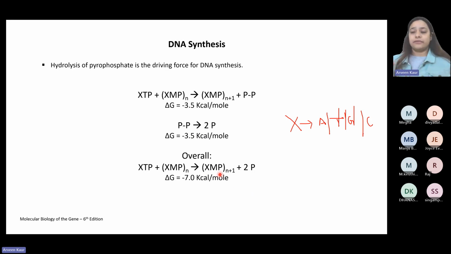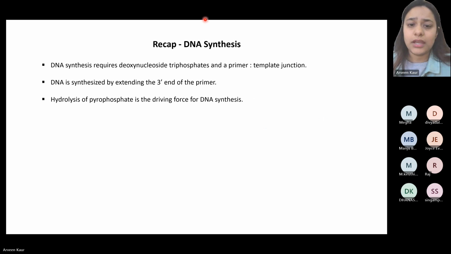That is a lot of free energy, and it is the driving force for DNA synthesis, right? So a small recap for DNA synthesis would be that DNA synthesis requires deoxynucleoside triphosphates and a primer template junction, right? DNA is synthesized by extending the 3' end of the primer, and hydrolysis of the pyrophosphate is the driving force for DNA synthesis. So again, I hope that is also clear.